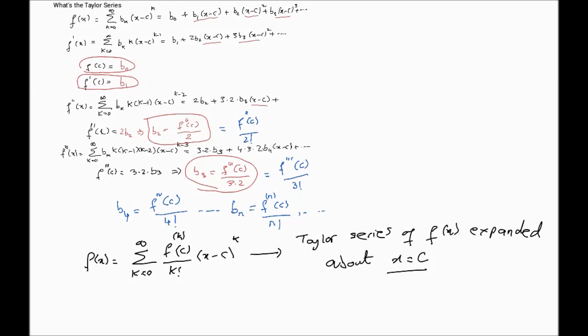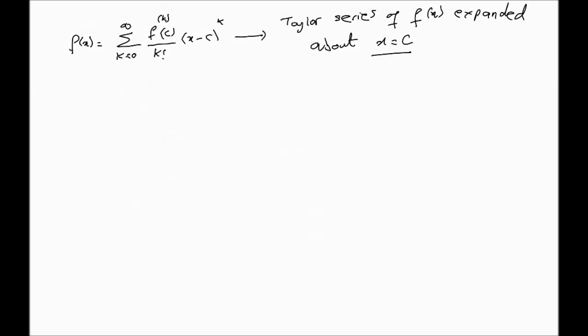So that basically is what the Taylor series is about. That's how we get that formula, and now we're going to look at some examples of how we calculate the Taylor series. So let's look at an example now of how we find the Taylor series of a function. The example we're going to look at is f(x) equals e to the x.